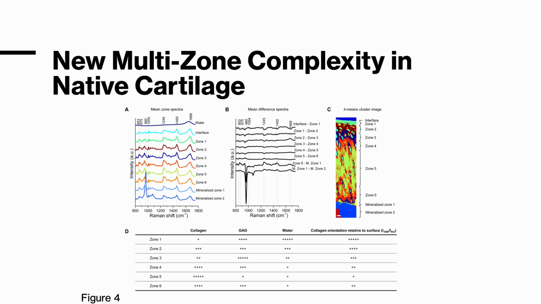Crucially, these variations were not random noise, but rather consistent, repeating patterns across several replicates, and this suggests that the tissue has multiple fine layers with unique orientations and relative concentrations of ECM molecules.